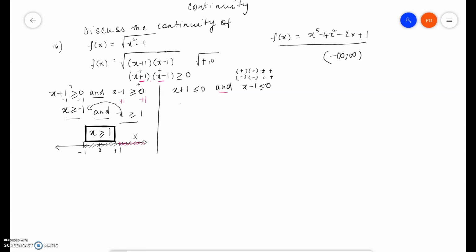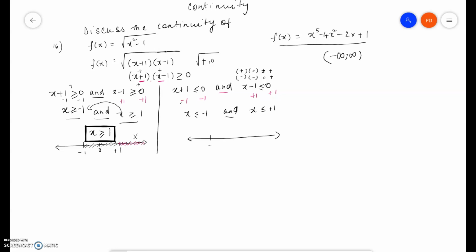Now let's look at x plus 1 less than or equal to 0. Let's solve for x. So that would be x less than or equal to negative 1, and let's solve for x in the other inequality by adding 1 on both sides. So x is less than or equal to positive 1. So let's look at the number line again.